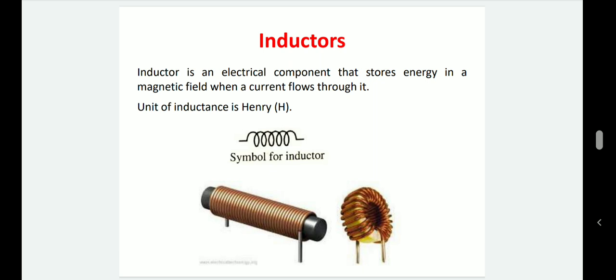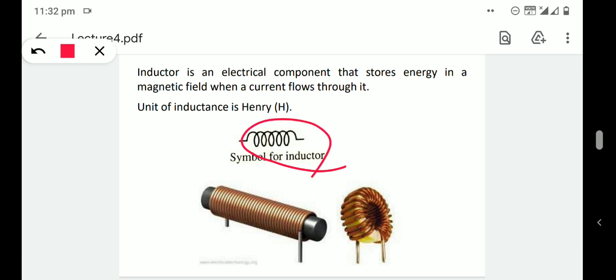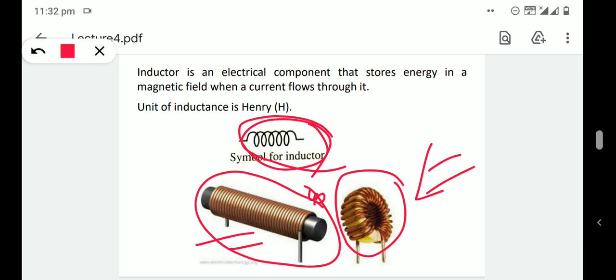Then the symbol for an inductor is as shown in the figure. Here this is the symbol for an inductor, and this is actually an inductor, which can be called a solenoid. Inductors are mainly of two types: air core inductor, and also an inductor with a metallic core.